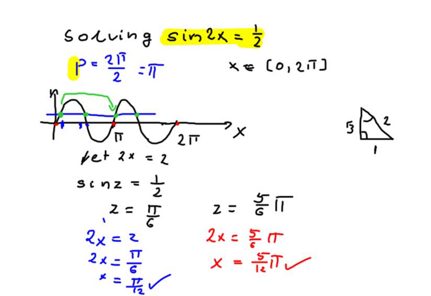So that will be root number 3, and you can call it x is equal to pi over 12 plus 1 pi. And this will get us 12 over 12, 13 over 12 pi.